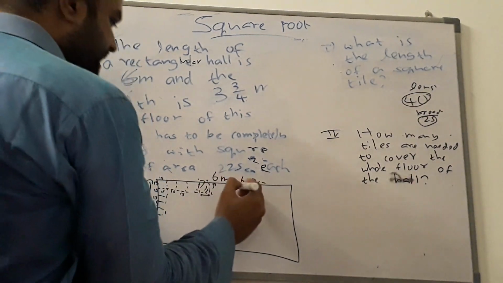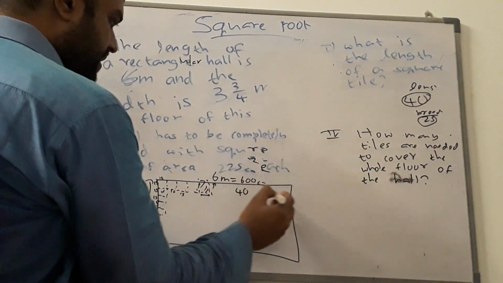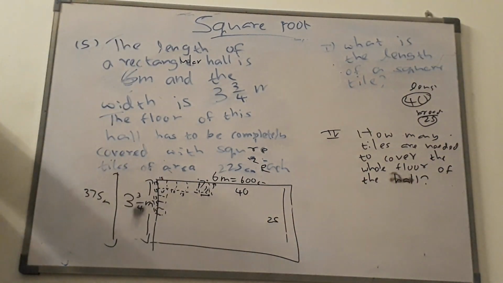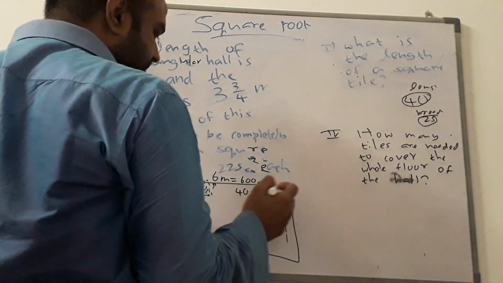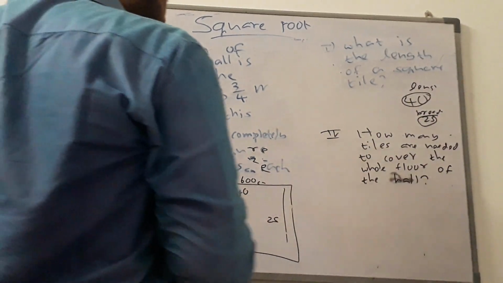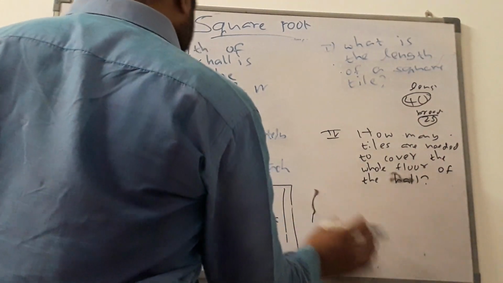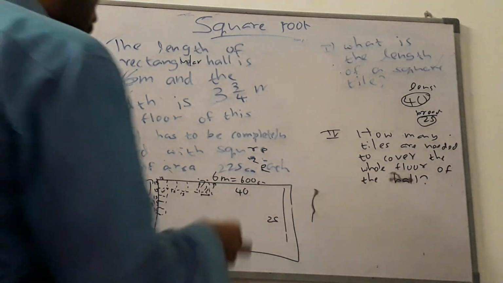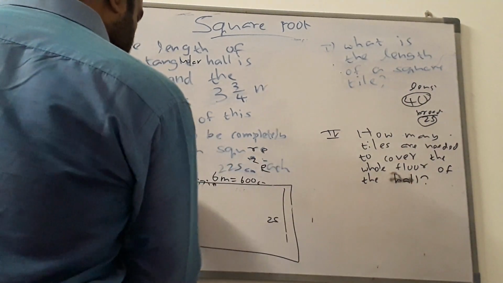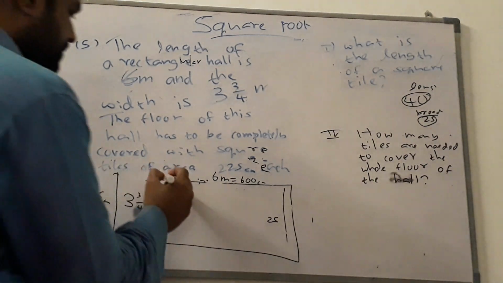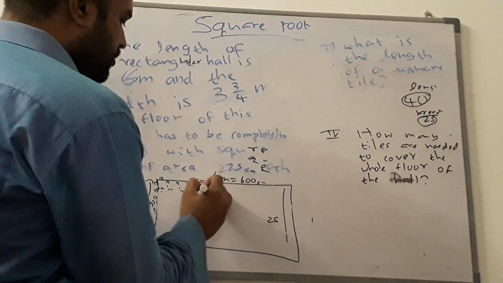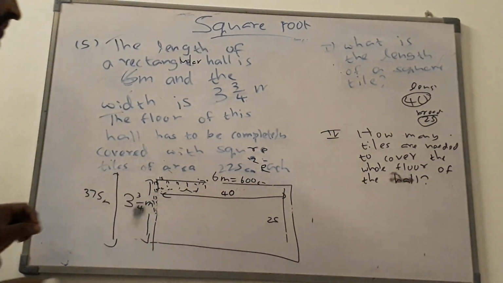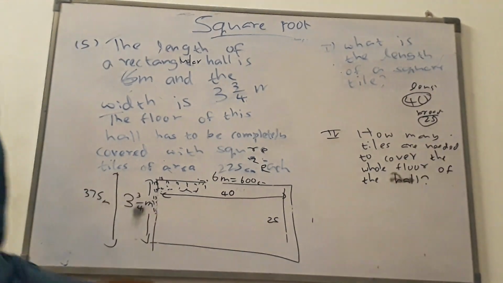Now there are 40 tiles here. Here there are 25 tiles. So how many tiles? In a row there are 40 tiles, and there are 25 tiles in a column.